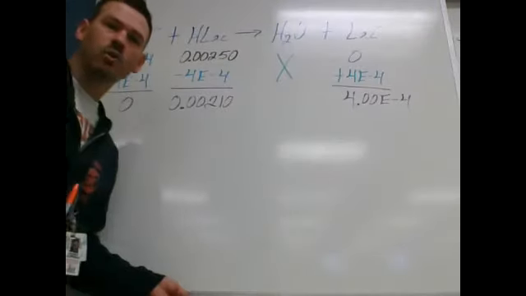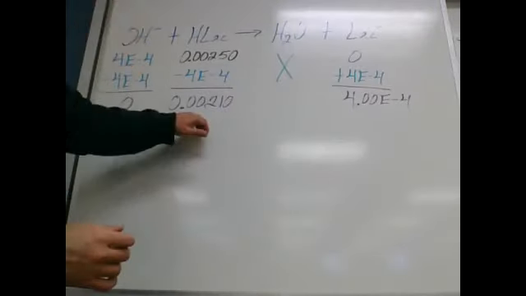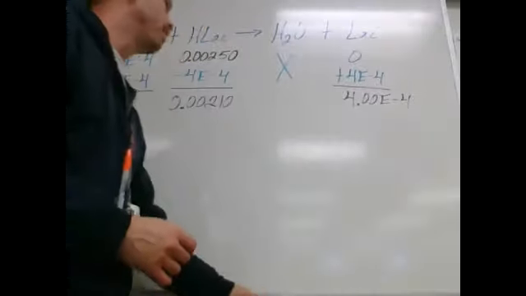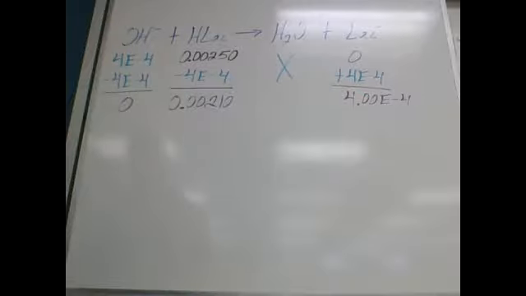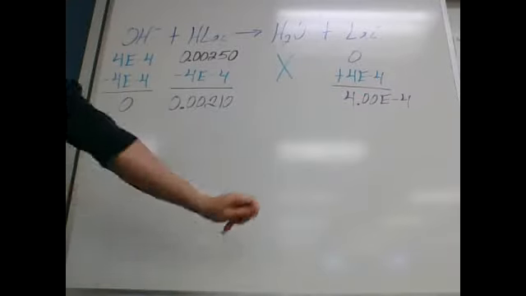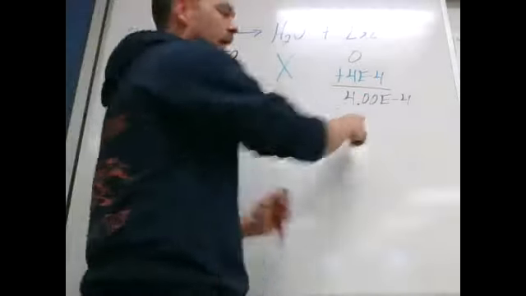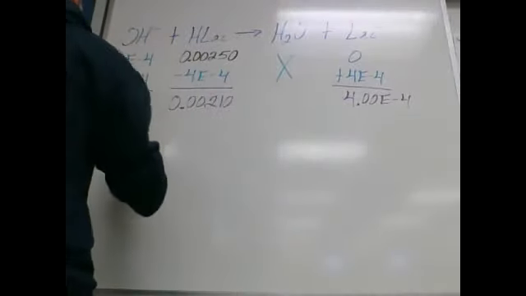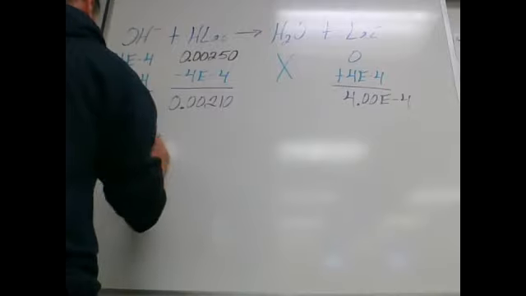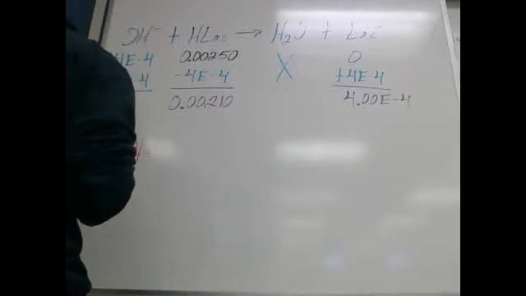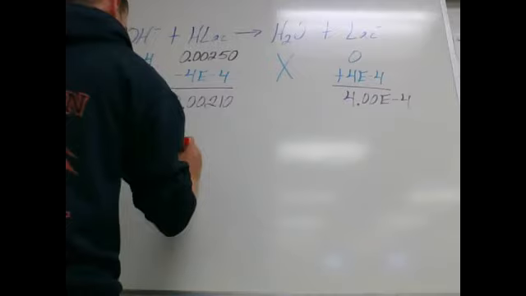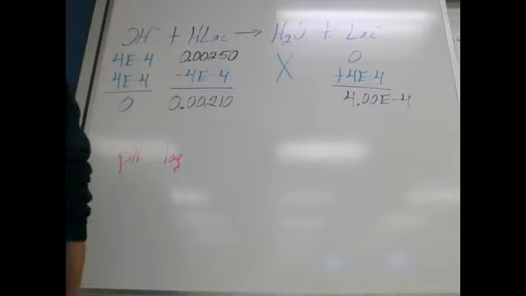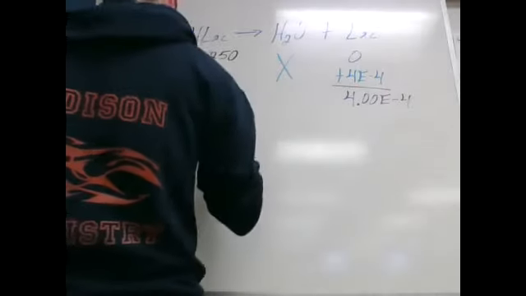And now here's where I can see that I have a buffer, because I've got both components of a buffered system. So we can cheat and use these mole counts in the Henderson equation instead of going to molarity. pH is going to be equal to the pKa. That Ka is given at 1.4 E negative 4.